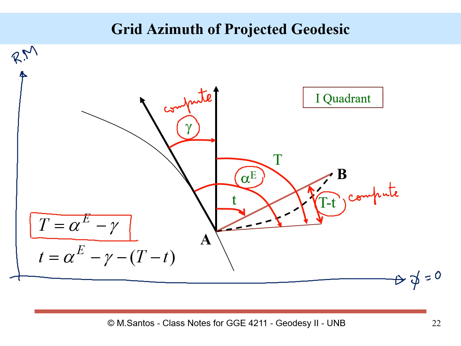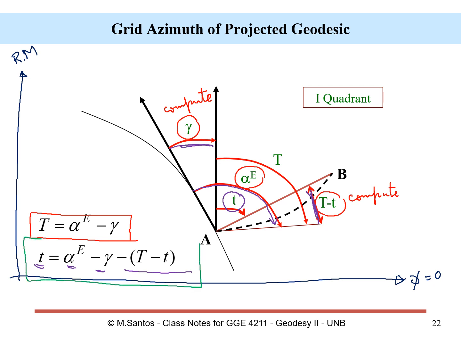What about the grid azimuth, the quantity that we are interested in ultimately? So t is going to be alpha E, the whole alpha E, minus gamma, minus T minus t. Here you go. This is the general expression.